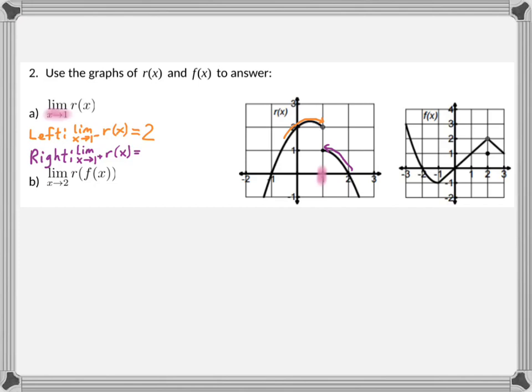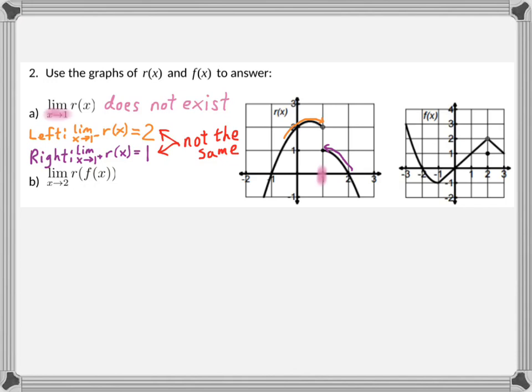What y value is r of x approaching? It's approaching a y value of 1. But wait a second. Those two values are not the same. So we say that this limit as x approaches 1 does not exist because the function is not approaching the same y value as x approaches 1 from either side.